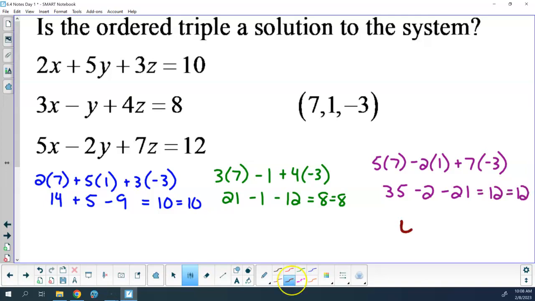So yes, because it worked out in all 3 equations, it is a solution.